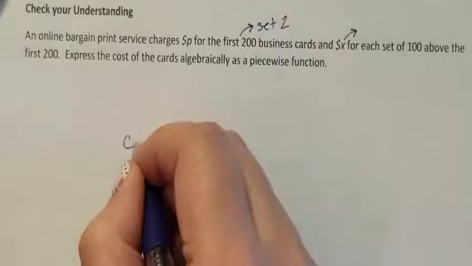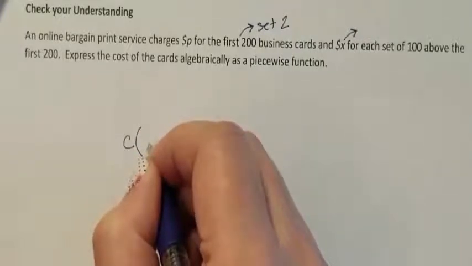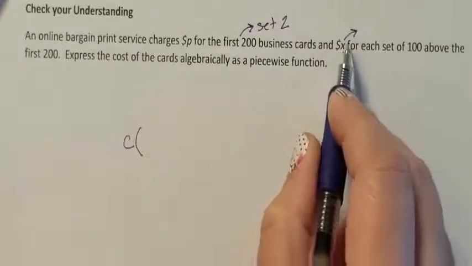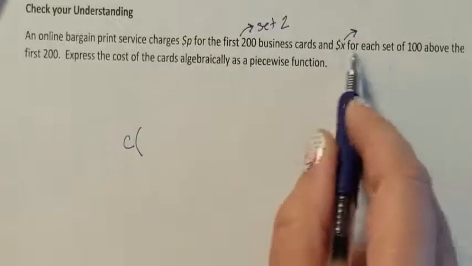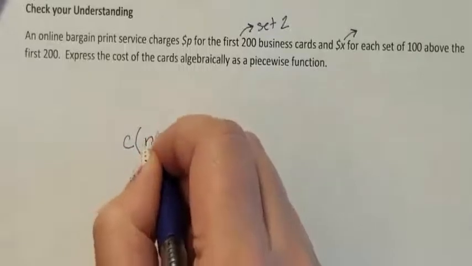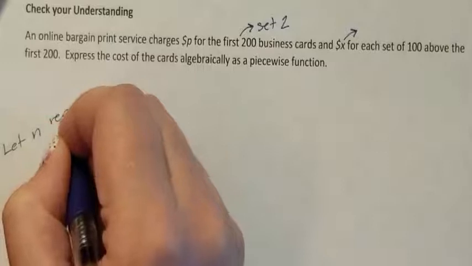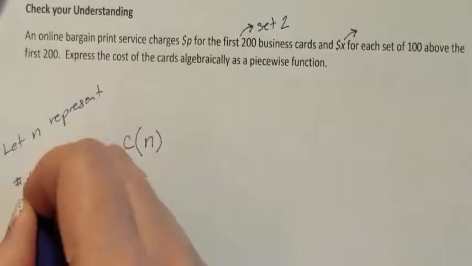So the charge of all of my sets of cards, I can't use X because X represents the dollar amount for additional. So I'm just going to call it N for number of cards. So we're going to let N represent the number of sets.